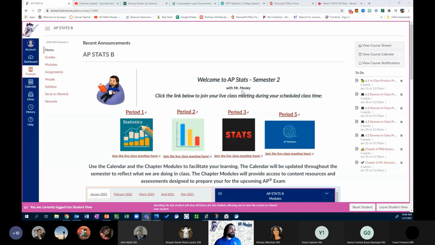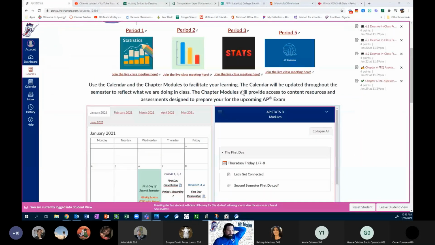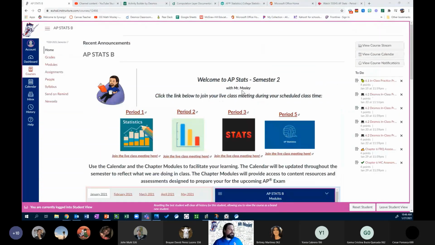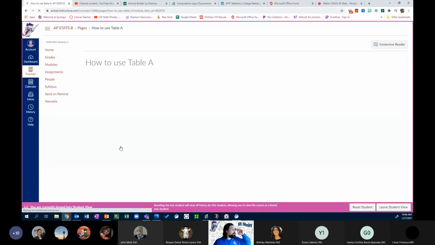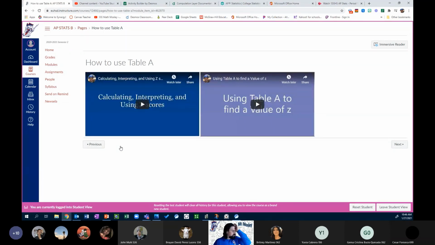Take a quick look in Canvas at our course. I've added a couple of things. So we're going to look at the modules. In this things you might need module, I've added a page on how to use table A. This has a couple of videos that I actually made last semester showing how to deal with z-scores, and then using table A specifically to find a value of z.